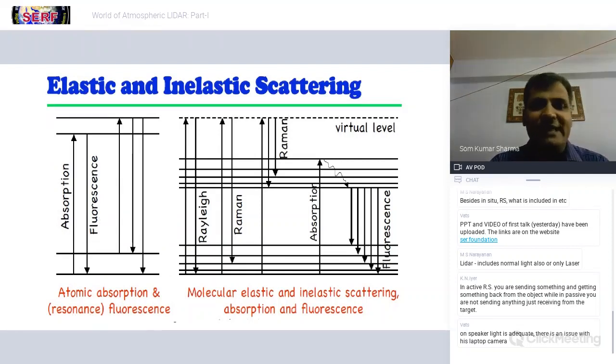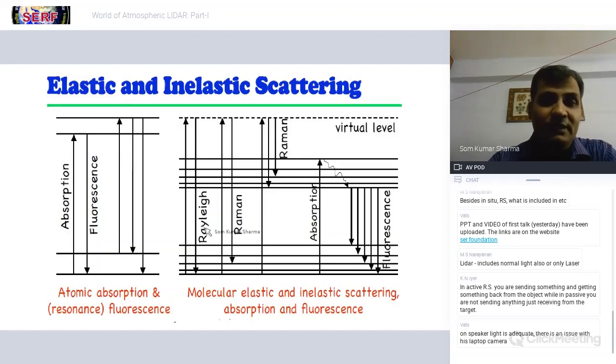There is a change in the energy level: atomic absorption, resonance, fluorescence, these things are there. I will discuss them later. But if you see on the right hand side, there is a very good example of Rayleigh scattering, elastic scattering and inelastic scattering.